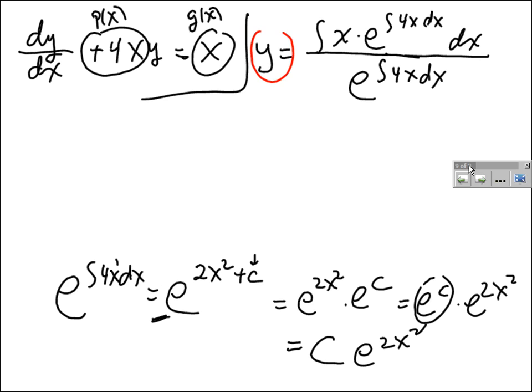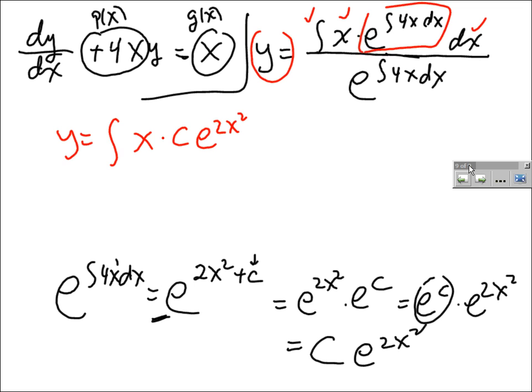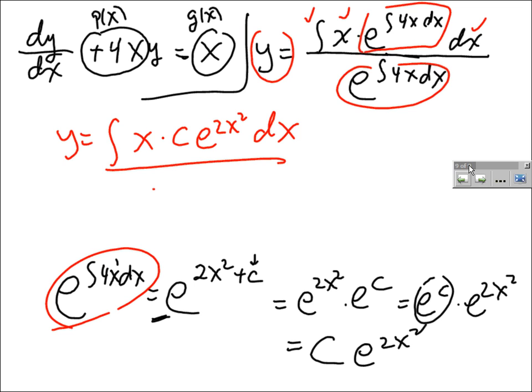Okay, so y is equal to an integral sign x, and then this piece, which I worked out on the bottom, is c e to the 2x squared dx, all over this, which I worked out. There it is. I claim it's that: c e to the 2x squared.